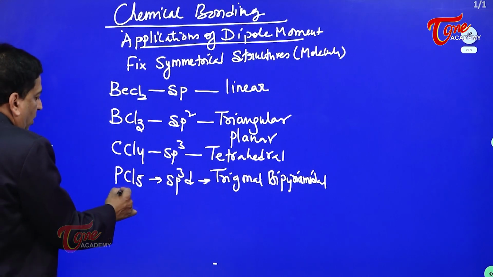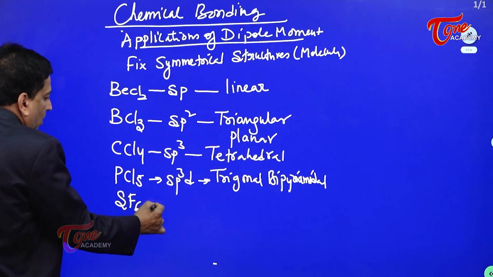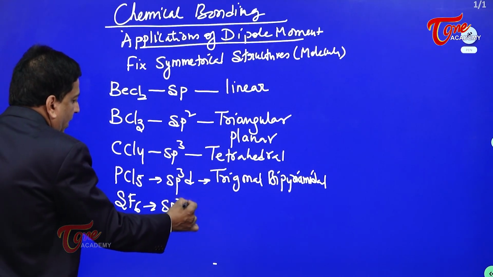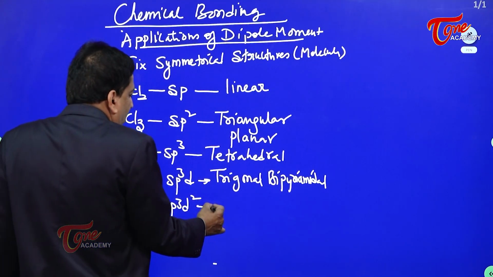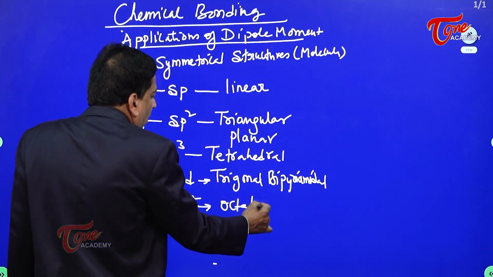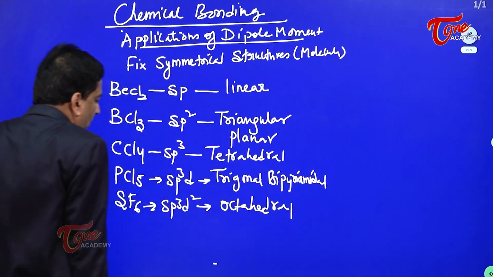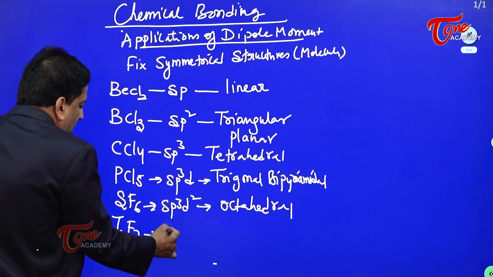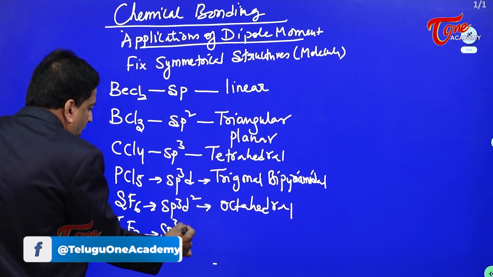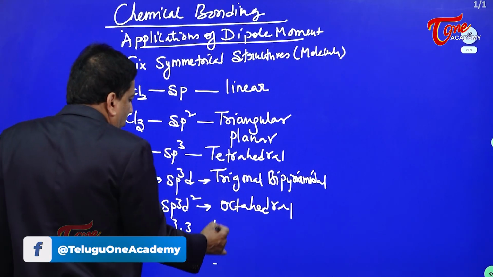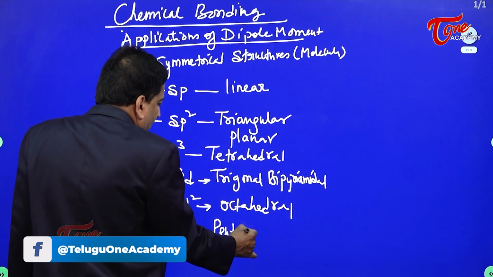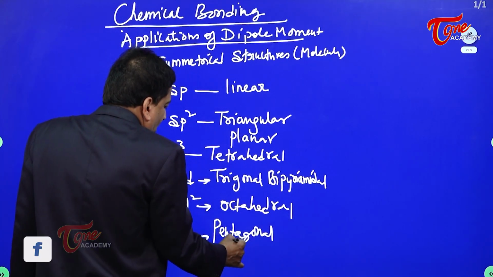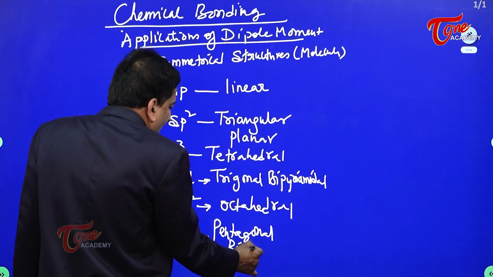And you have your SF6, which has sp3d2, which is octahedral. And I have IF7, which has sp3d3, which is pentagonal bipyramidal.